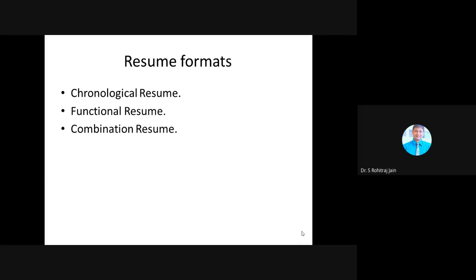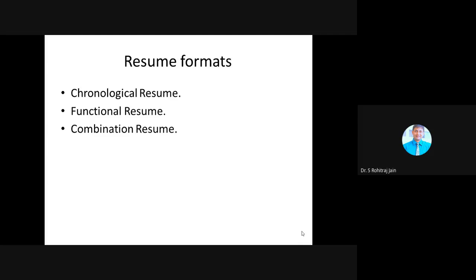The chronological resume lists the candidate's responsibilities, skills, accomplishments, and work history by highlighting the most recent position and working backward to include all relevant employment. That is chronological. So we will start from the most recent and then go backwards, right?